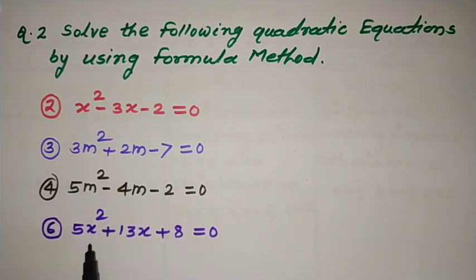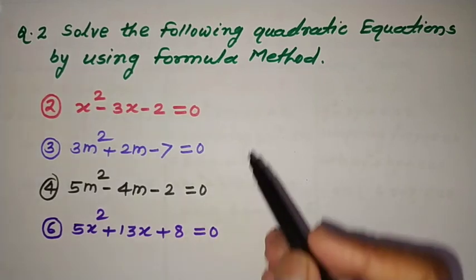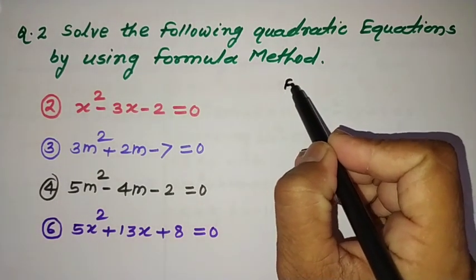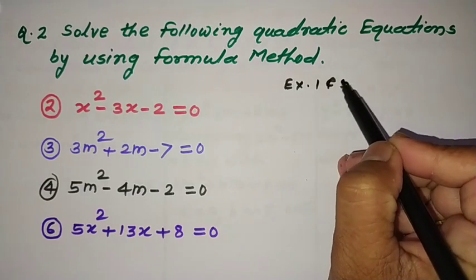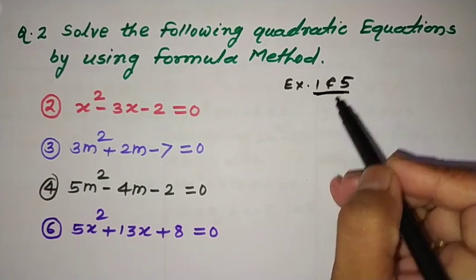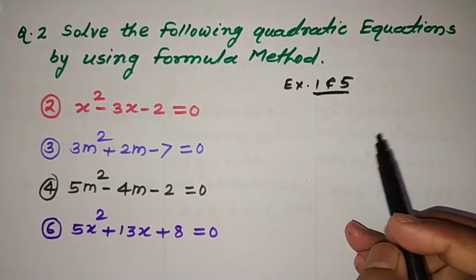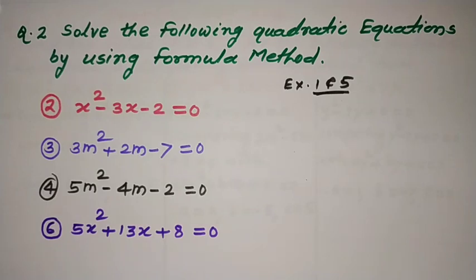Example 6, 5x square plus 13x plus 8 is equal to 0. Example number 1 and 5 are solved in the previous part 4 of quadratic equation.